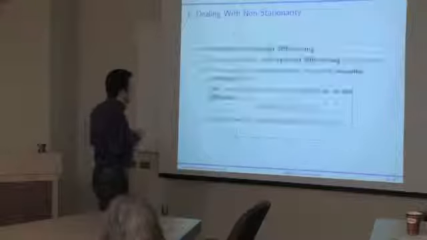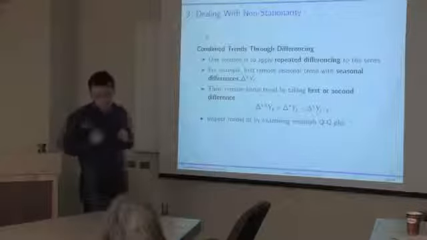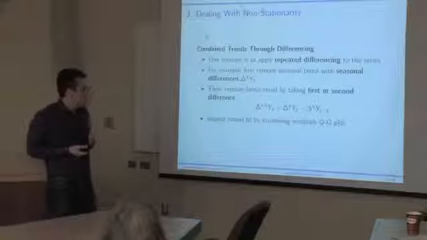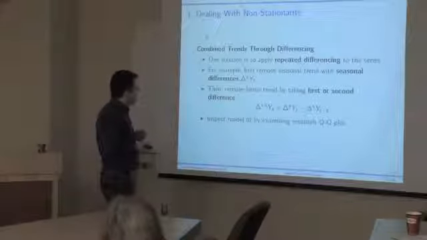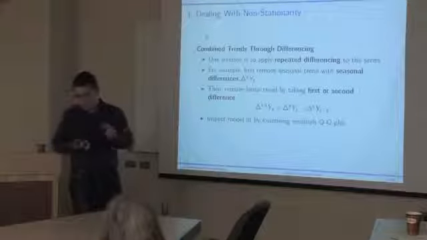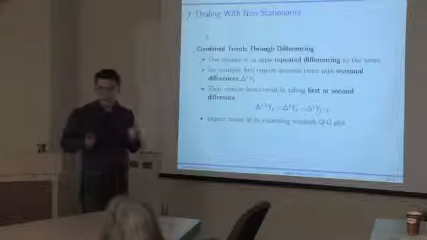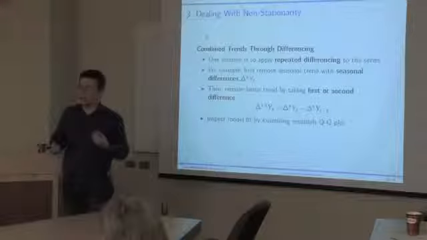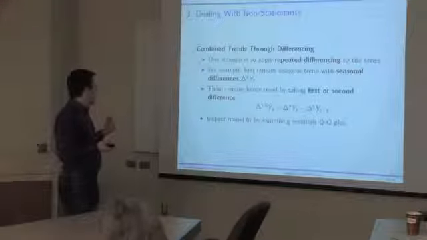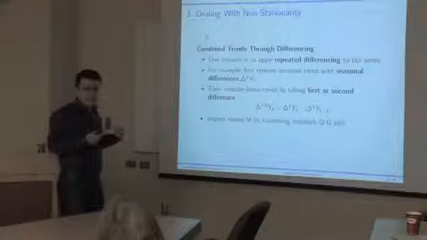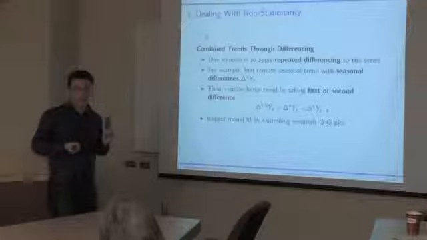So the question is, what do we do in this case? To solve a problem like that, we can resort to differencing. One approach could be to difference several times. For example, to first attempt to net out any seasonal trends by calculating the seasonal differences of your series, and then attempting to net out the linear trends by calculating the first difference of the seasonal differences.